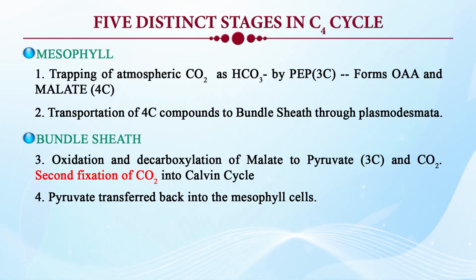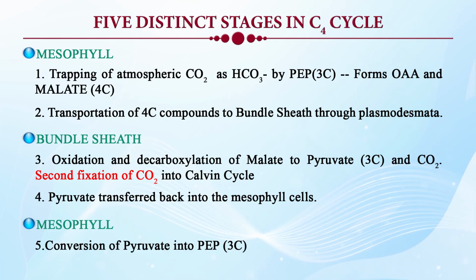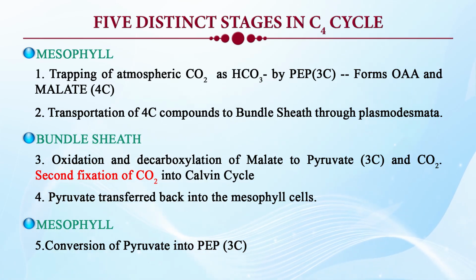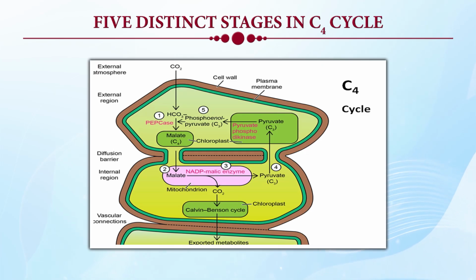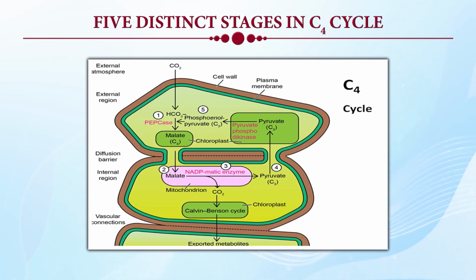So, actually it is a 2-in-1 pathway, and then finally pyruvate is transferred back into the mesophyll cells in order to get converted. So, that means in the mesophyll cells the pyruvate now gets converted into PEP, which is again the substrate.